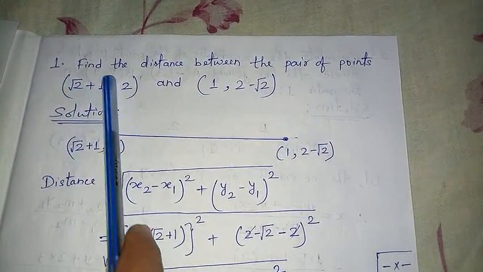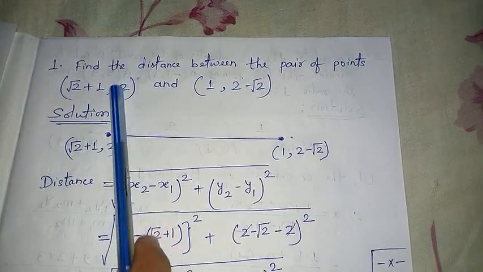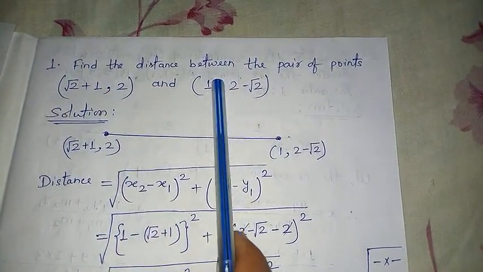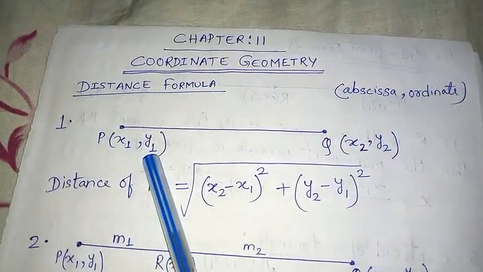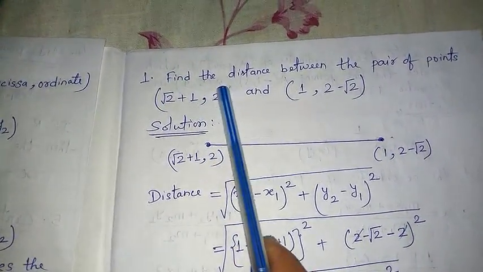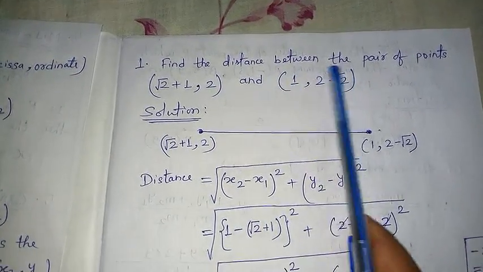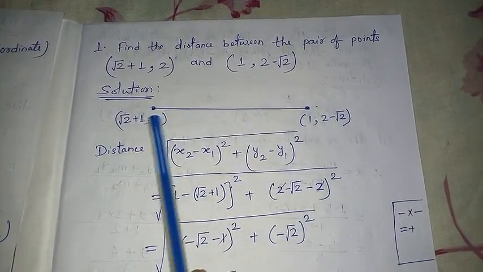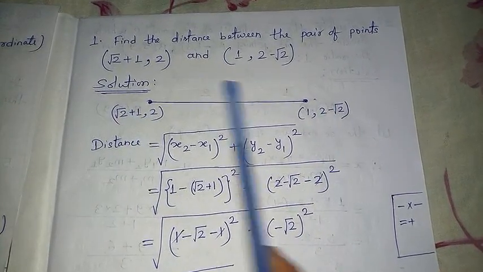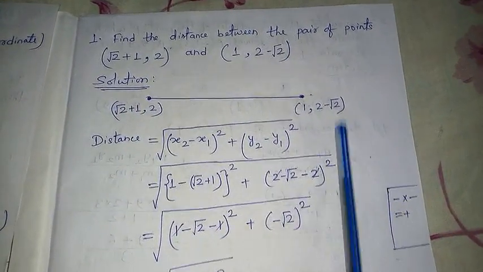Here the first is x1, the second is y1, this is x2, this is y2. You can see the first one is x1, y1, the second one is x2, y2. Same thing again, I have drawn a line and written the coordinates, first one and second one here.